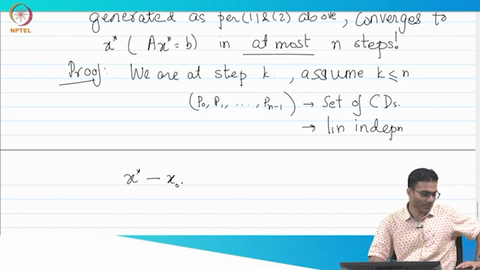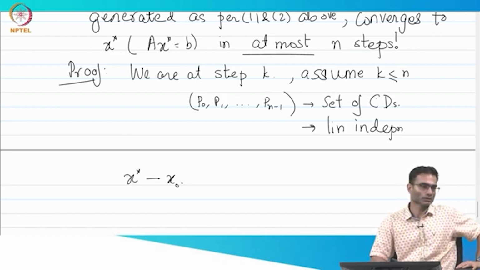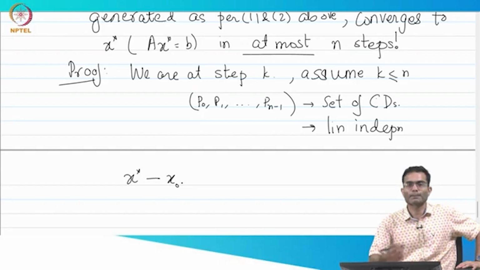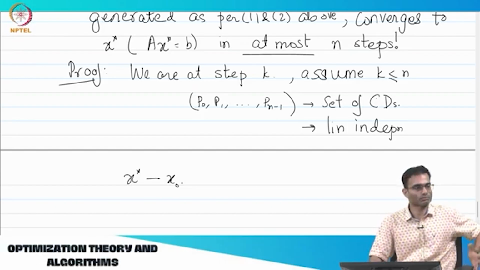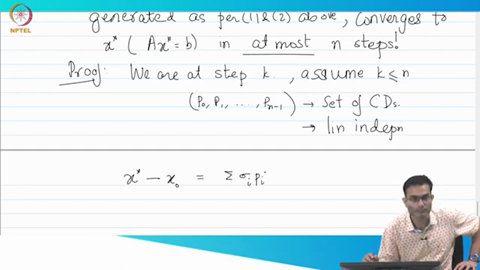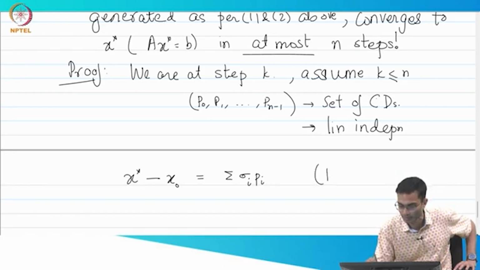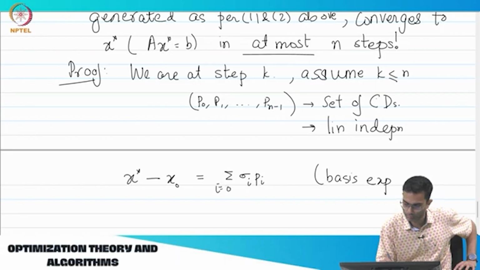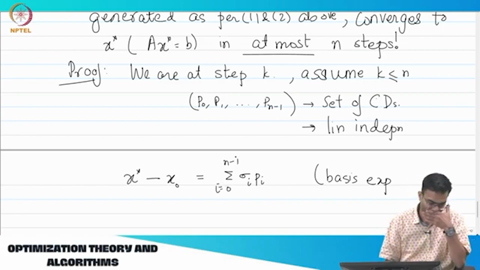In this case, is this a vector? Can it be written in the basis of p's? Very obviously yes. So I can write this as summation sigma i p i, i equal to 0 to n minus 1. This is just basic linear algebra, basis expansion.